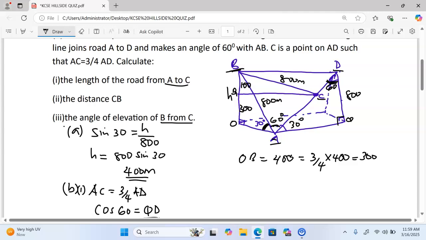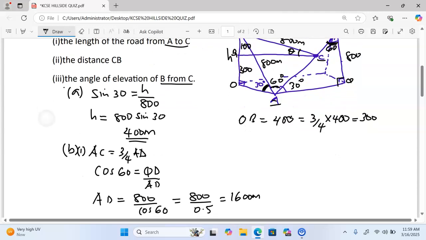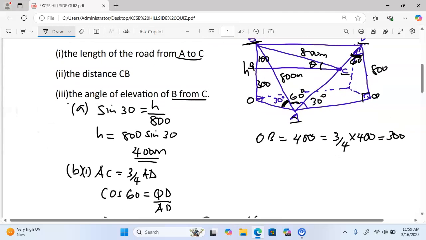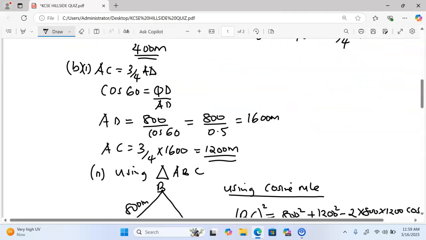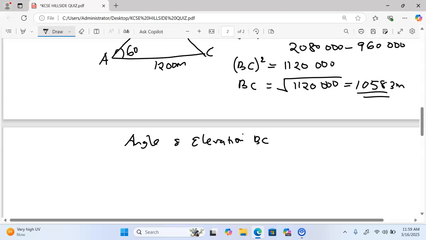In this case now, we can get the angle of elevation here, which is angle theta. We sketch the diagram this way. We have B prime B, this is 100, and this is C. B prime C is 1058.3, and this is our angle theta.